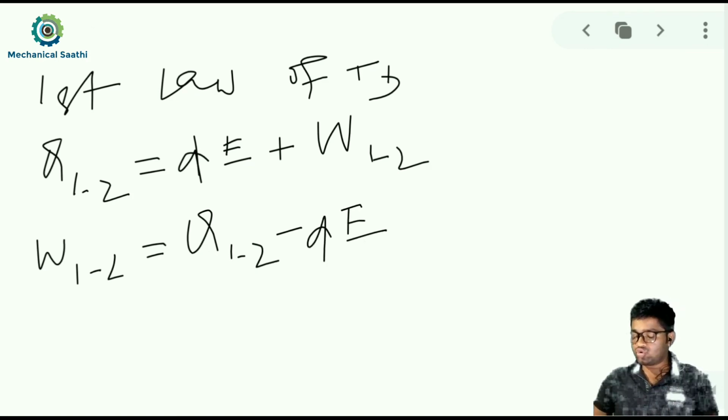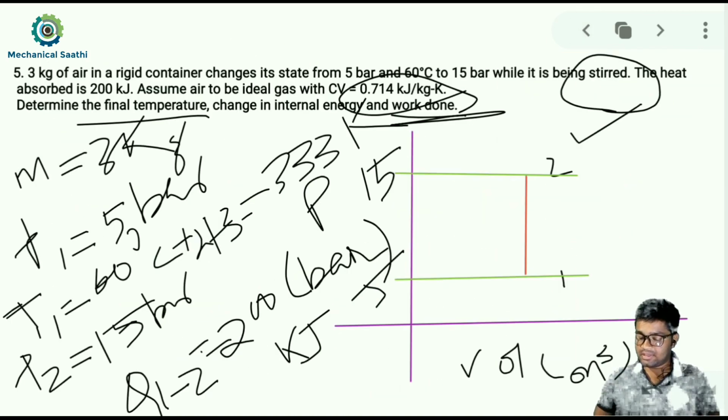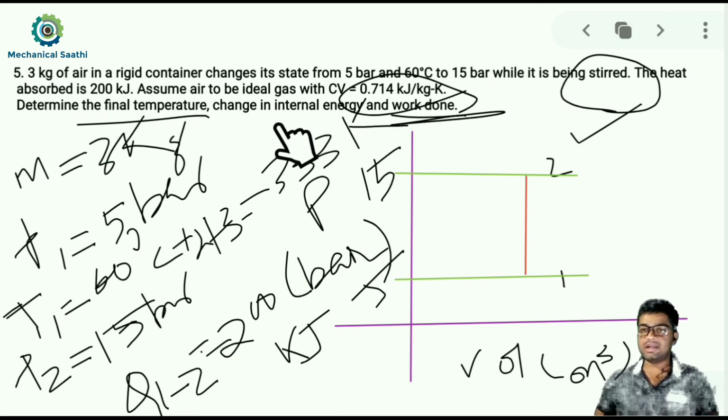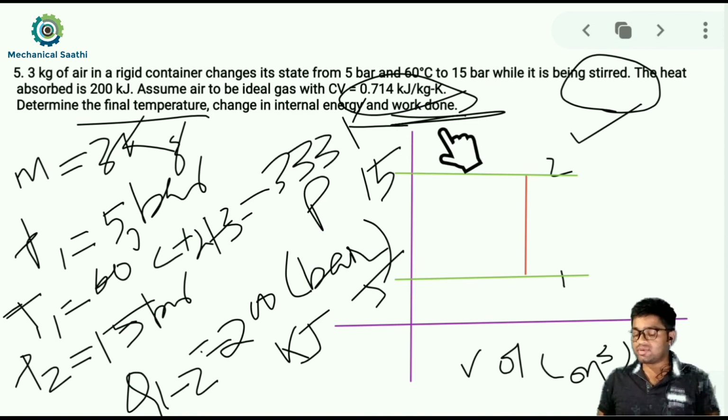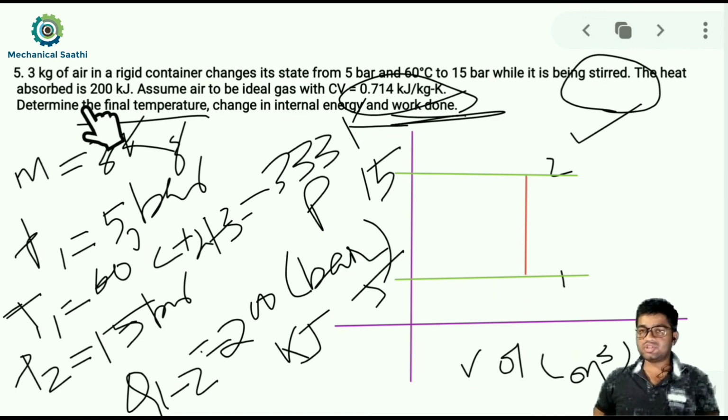So everything is known to us, so simply we have to put all these values over here, and here if we will see, then heat interaction is given, that heat is being absorbed by the system, so that is given as 200 kilojoule, and we have already calculated the change in internal energy. So let us put all these values and calculate this one. So here heat is absorbed by the system, so we can take this value as positive.